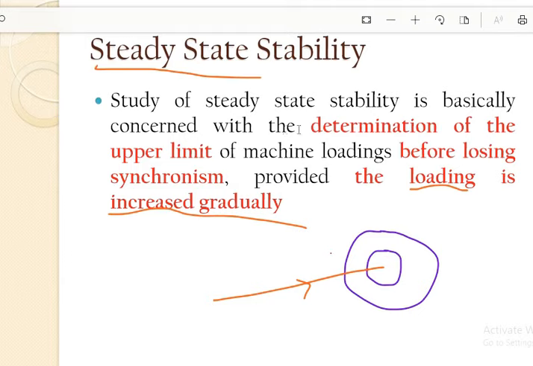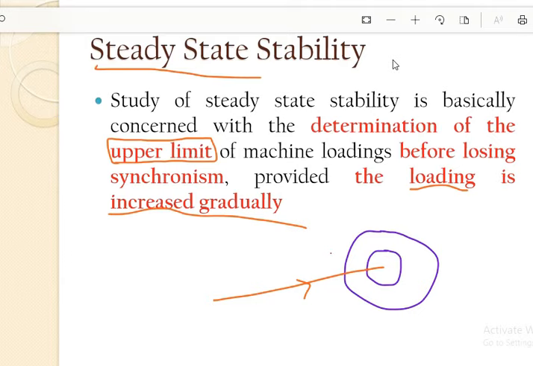That is actually the steady state stability upper limit. There is a particular limit beyond which, if you increase the loading, the machine will fall out of synchronism. That limit is called the steady state stability limit.